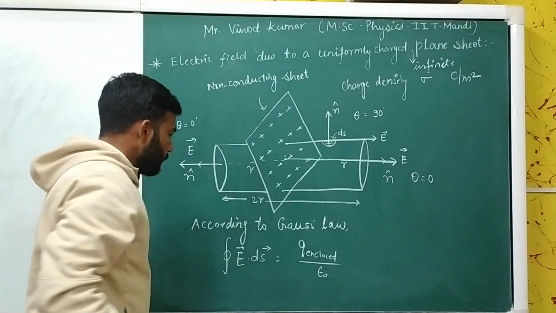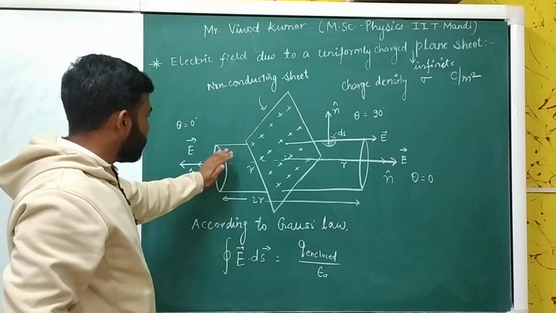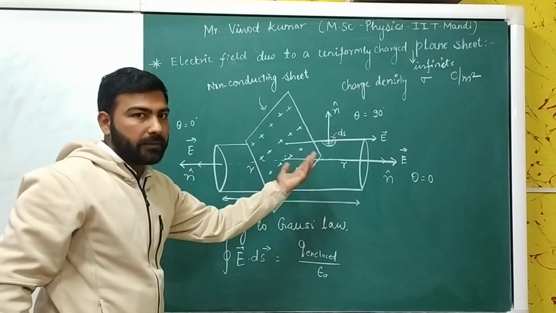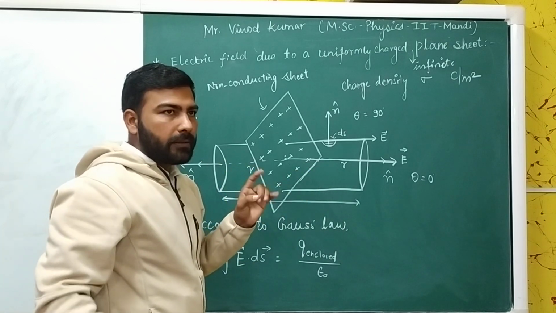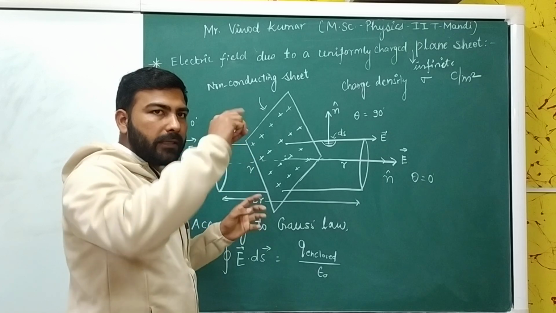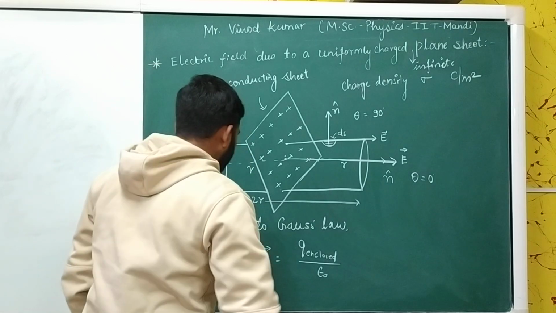Now this closed integral is for this cylindrical Gaussian surface. It will contain three surfaces: two circular surfaces and one curved surface. So we are going to approach it that way.